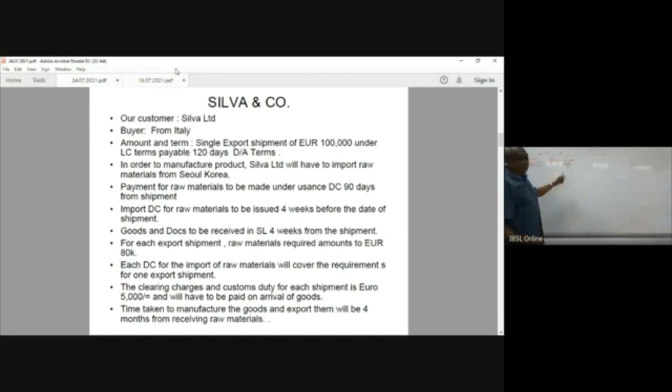So already 1 month has gone, and once we accept the bill, in about another 2 months' time, we have to do the bill payment. After 2 months, because 1 month is already gone.